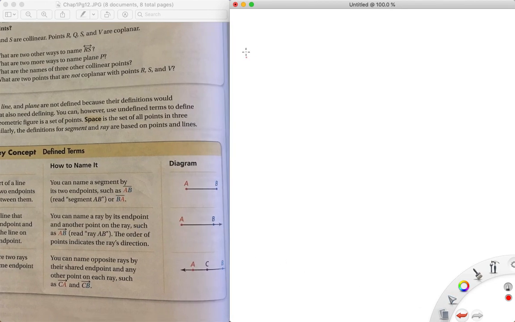So in terms of a segment, this is a line segment, and we have some line segment AB. The first difference you should know between this and a line is that there are no arrows, just these points at the end of the line. These are called endpoints.